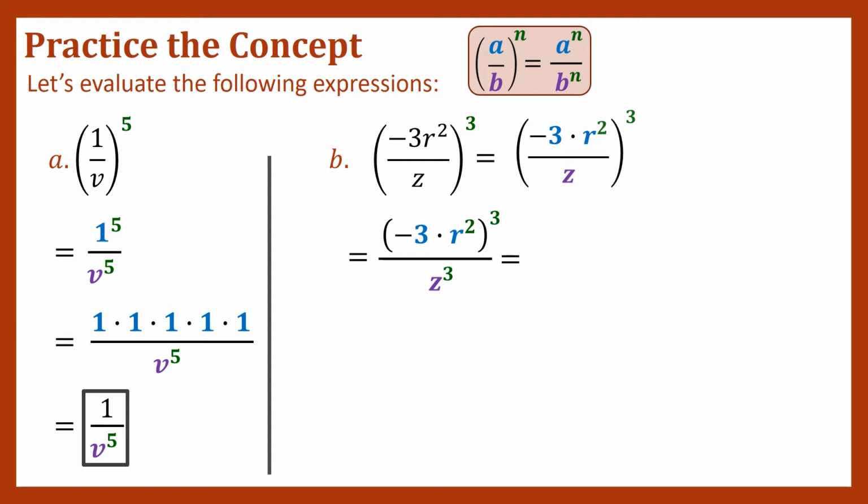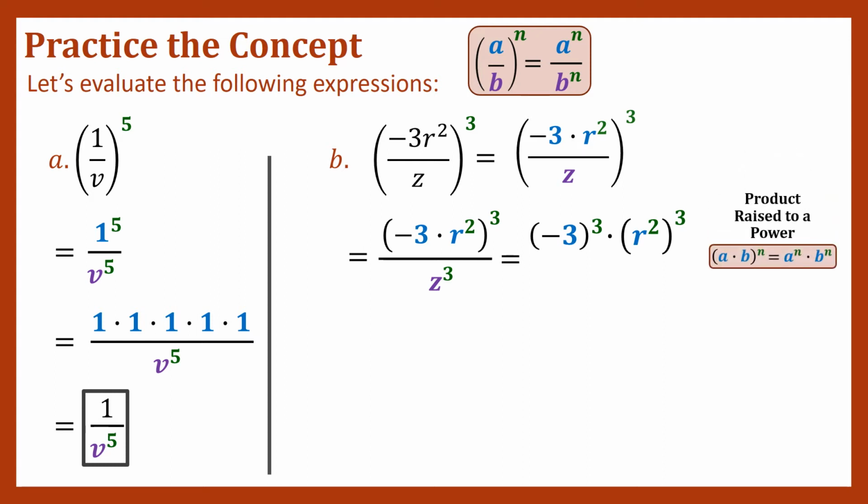This equals -3 in parentheses raised to the power of 3 multiplied by r squared raised to the power of 3. And this expression is obtained using the product raised to a power rule. If you're unfamiliar with this rule, please review the video titled The Product Raised to a Power Rule for Exponents. Continuing with this expression is then divided by z cubed.